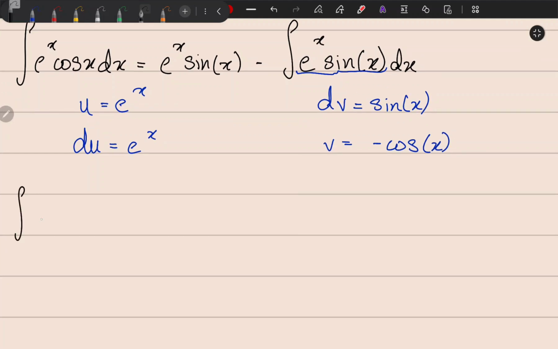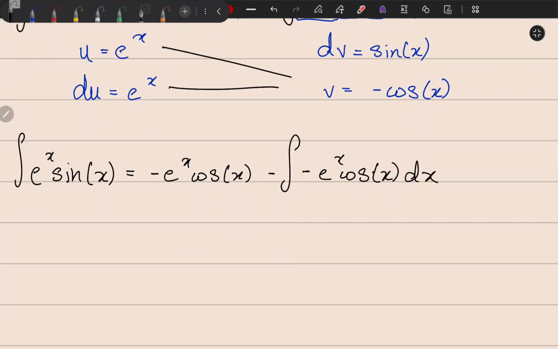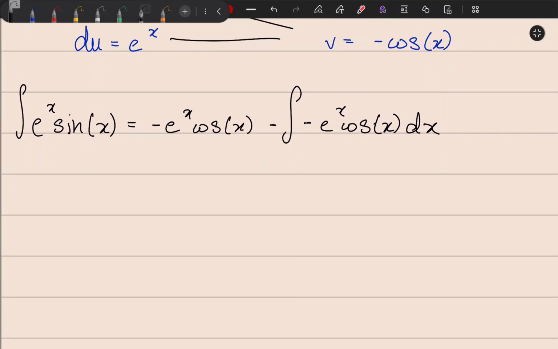So the integral of e to the x sine x is equal to uv, so negative e to the x cos x, minus the integral of v du, so negative e to the x cos x dx.